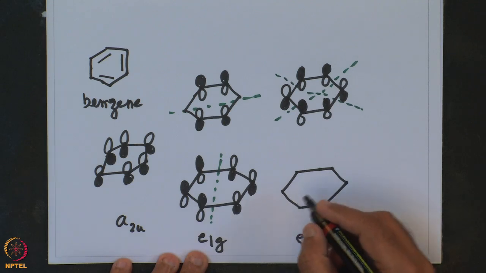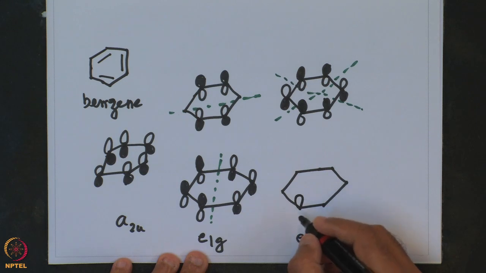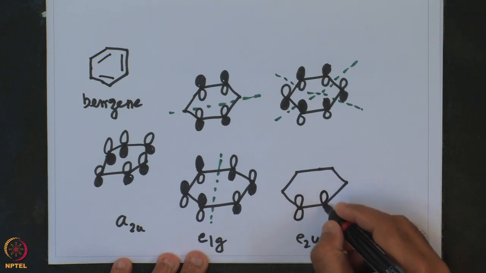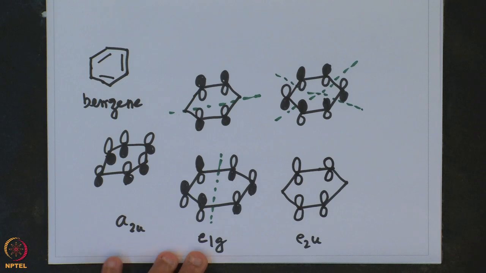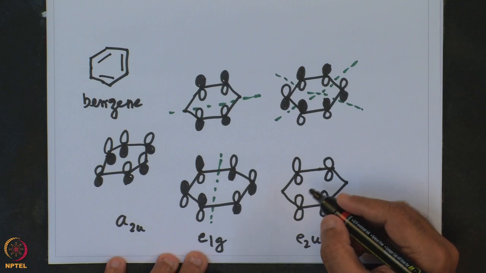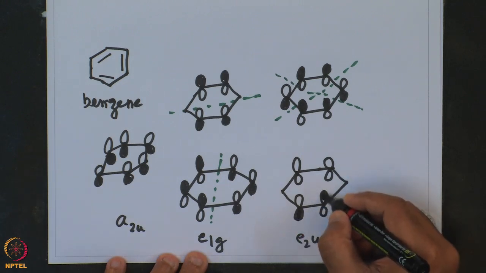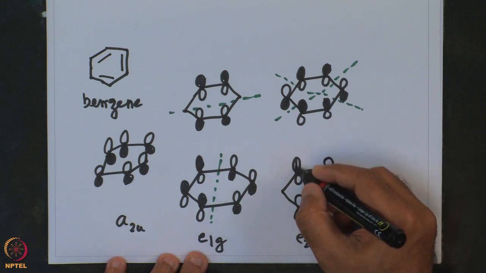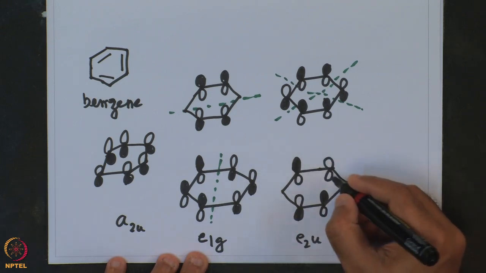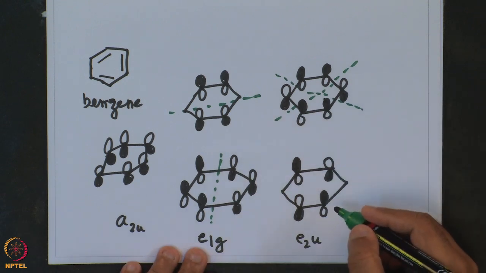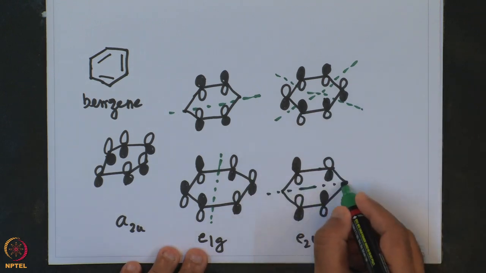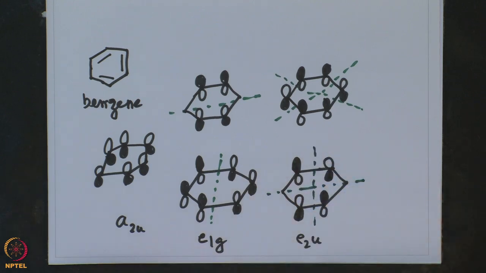and the other one is this, and this also is degenerate to the top one and has 2 nodal planes, one along this, the other one along that.